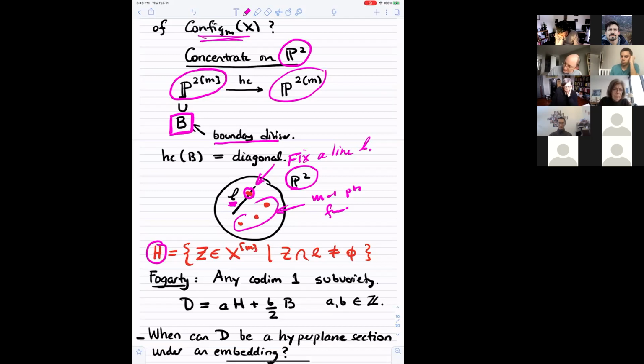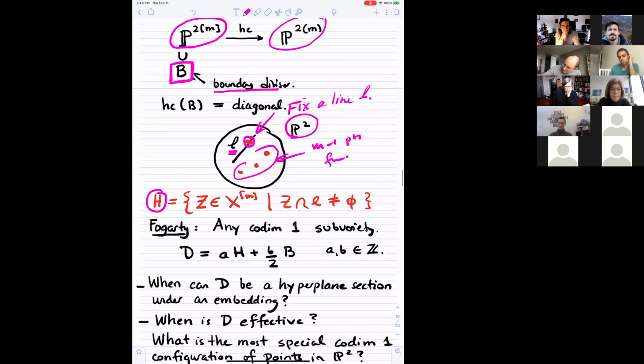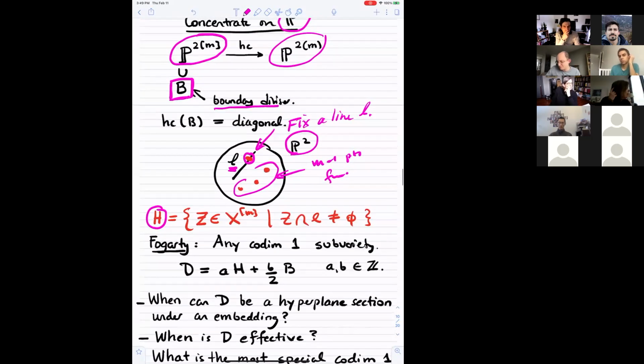It's a nice theorem of Fogarty. Many of these theorems hold more generally on arbitrary surfaces, but I'm just telling you the answer for P2. It says that the class of any codimension 1 subvariety is a linear combination of these, where A and B are integers.